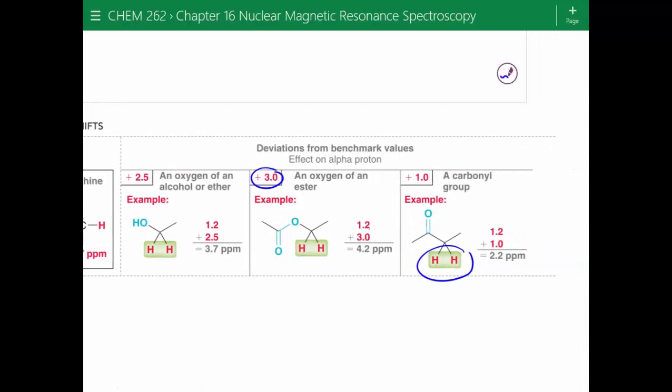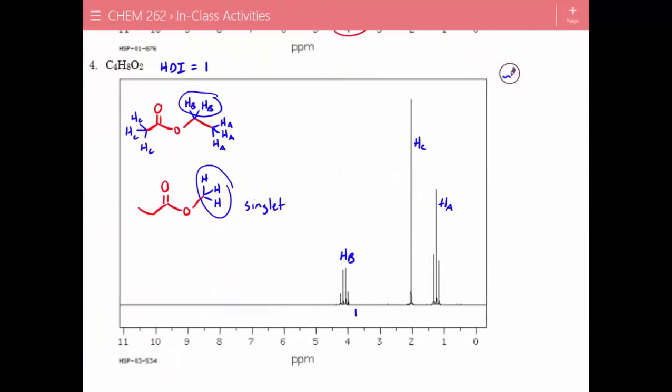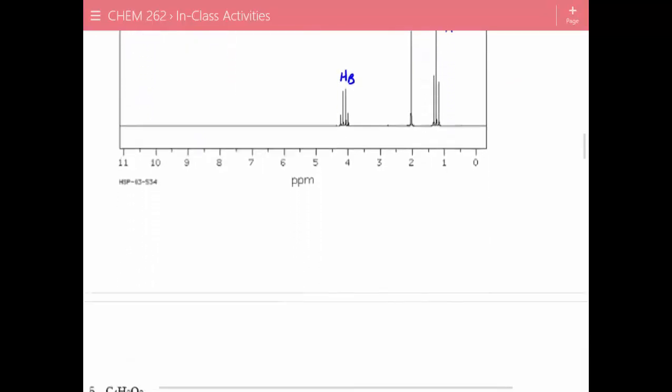So we'd say 0.9 plus 3 wouldn't be 4.2, it would be 3.9 ppm. And if we go back to our in-class activity, we can see that our singlet isn't over in this region, it's actually over near 2. So we have evidence showing that it's not going to be this one. In fact, it's going to be the one on the top here. So let's erase this just so we're not confusing people. And let's go on to the next one.